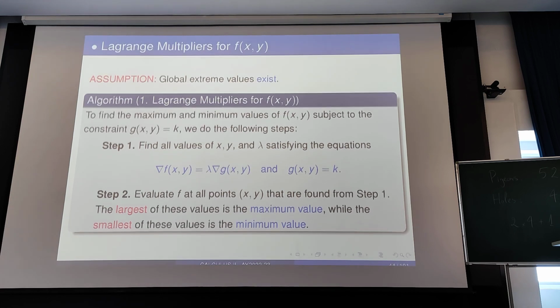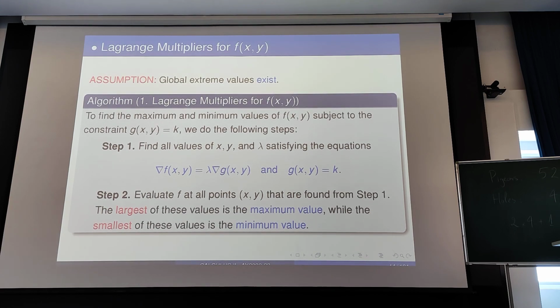So here is the algorithm of the Lagrange multiplier method. Of course, we need to assume that the global extrema with the constraint exists. Then it makes sense to consider the next step. If you can prove that there is no global extrema, there is no reason to continue with the Lagrange multiplier method, right?